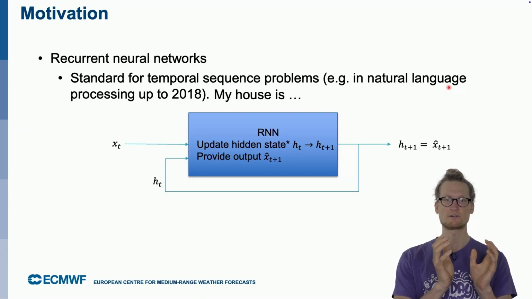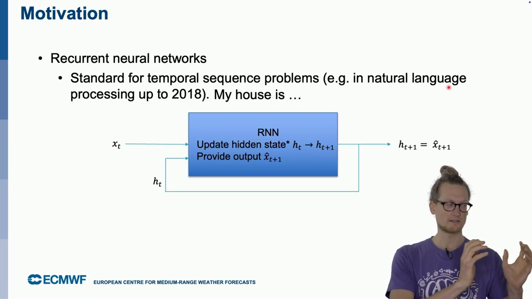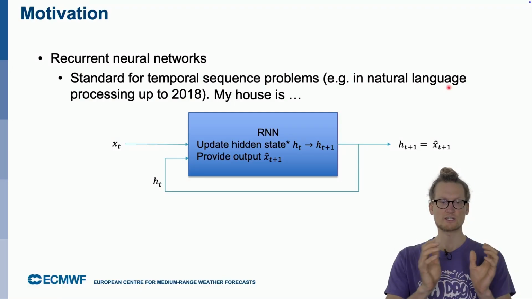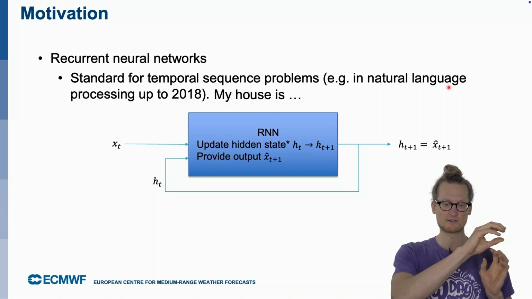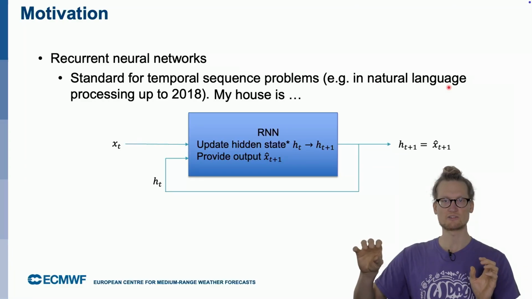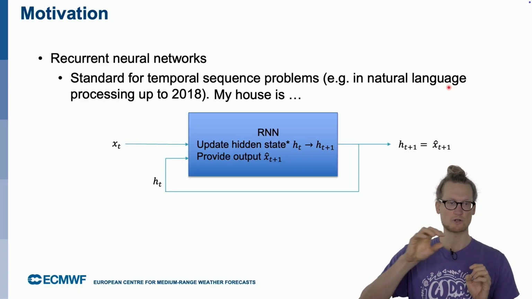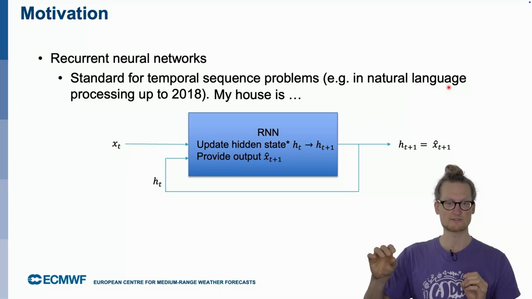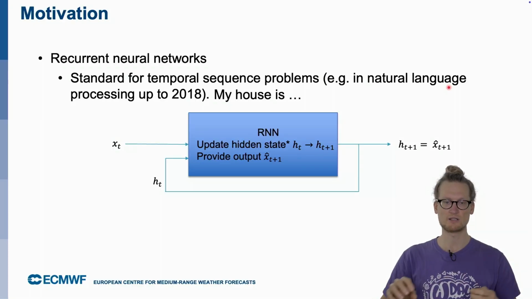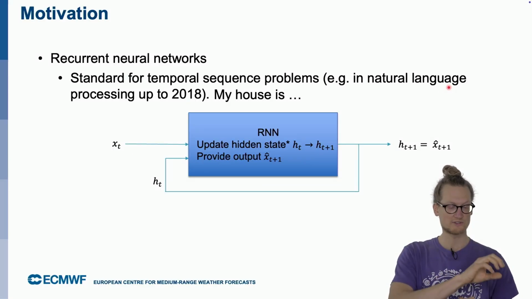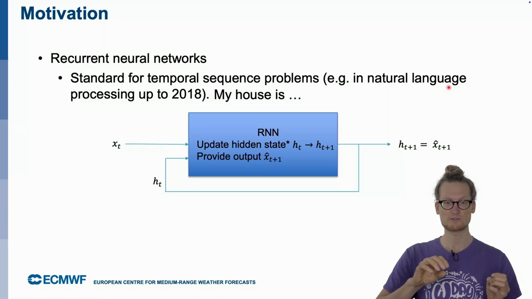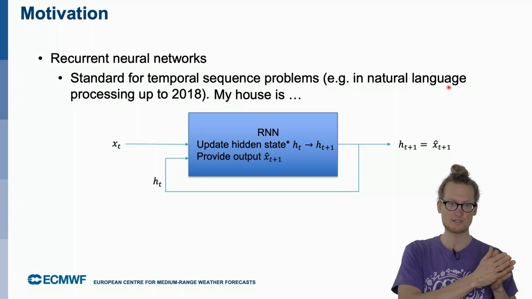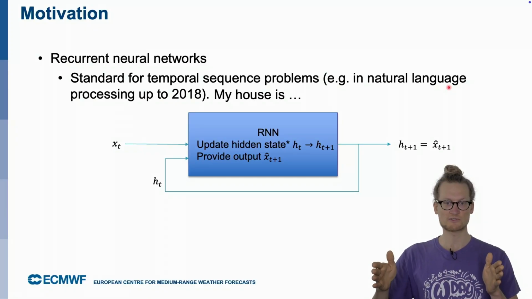So the recurrent neural network sequentially walks over its input, over the input's time series, and iteratively aggregates the information that it sees. If this is a sentence, for example, "my house is", then the recurrent neural network would first see "my", then proceed to the next word, "house", and then to the next word, "is". So it has this sequential way of processing its input.